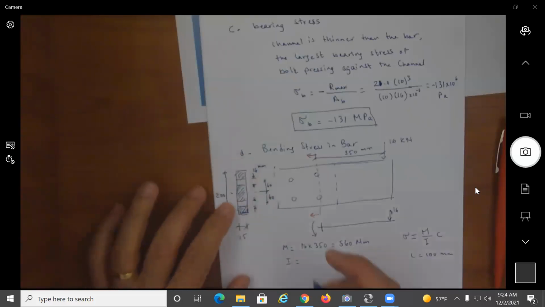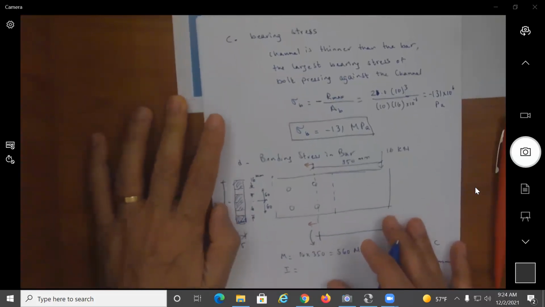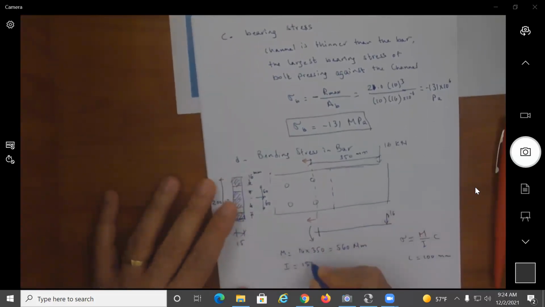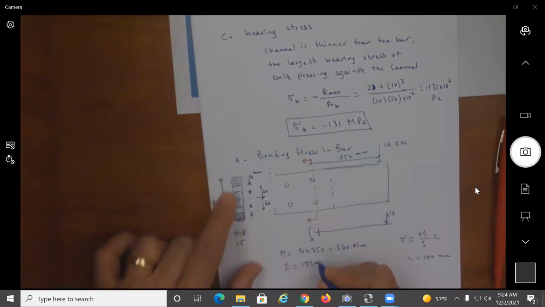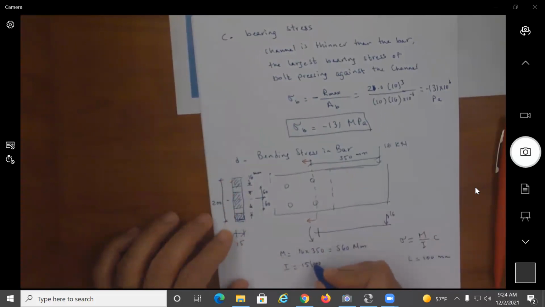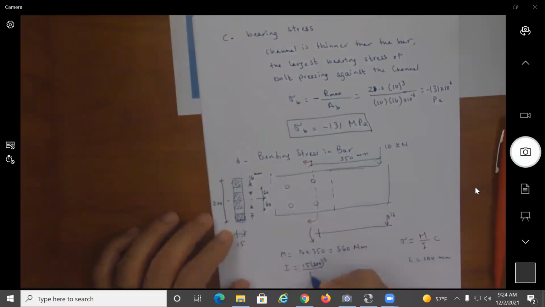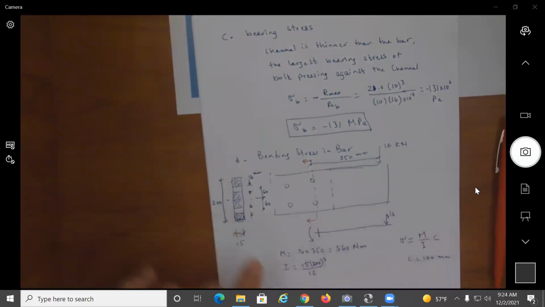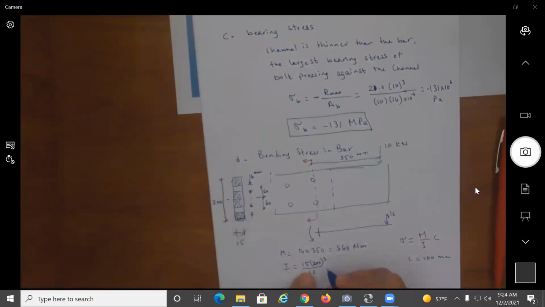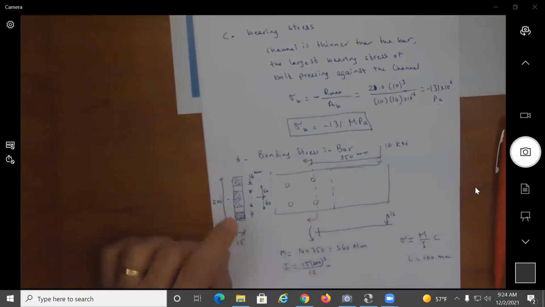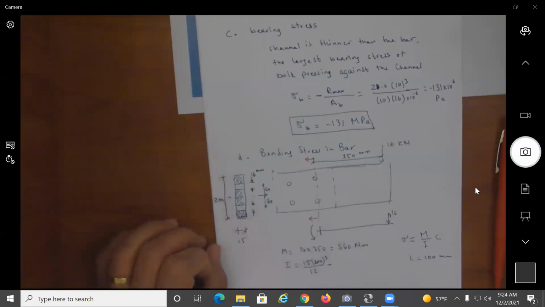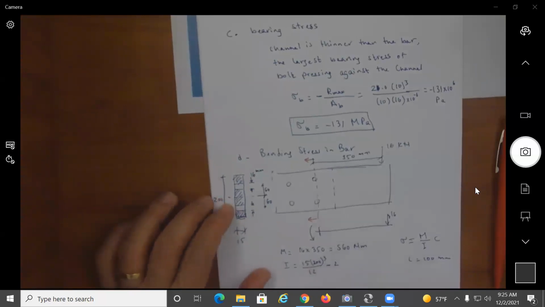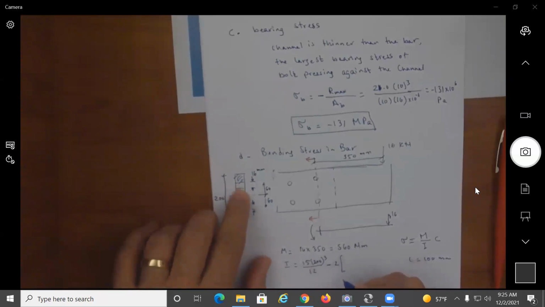So a moment of a rectangular is BH cubed over 12. So I can look at this. B is 15. H in this case is 200 cubed over 12. So that's the moment of inertia of a rectangle. Then I use a minus to find the moment of inertia of these negative areas with respect to the centroid. So in order to do that, I'm using the parallel axis theorem, right? So I have two of them, and each of them is equally spaced from the neutral axis.